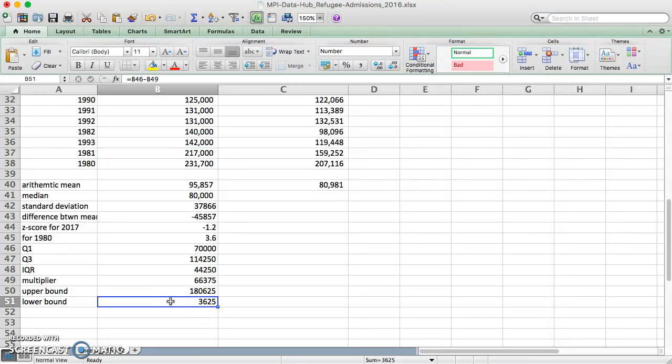Likewise, the lower bound tells us that 50,000 is not that unusual, right? In fact, it's not even close. It is comfortably within the range of normal. If we admitted no refugees, that would obviously be extreme. But even a value like 10,000 wouldn't be vastly out of the ordinary.